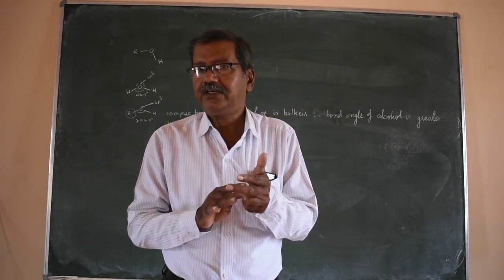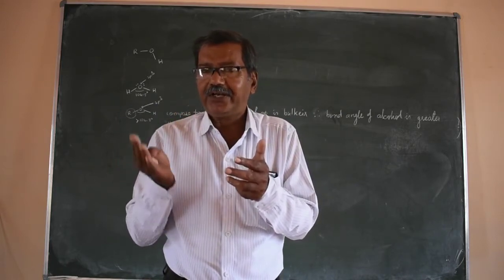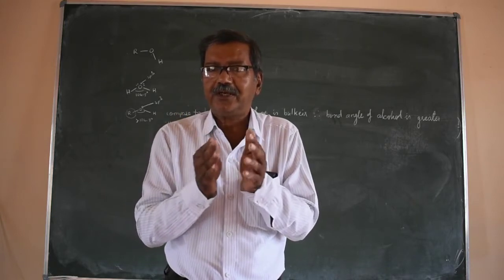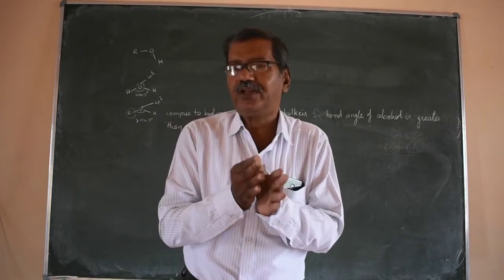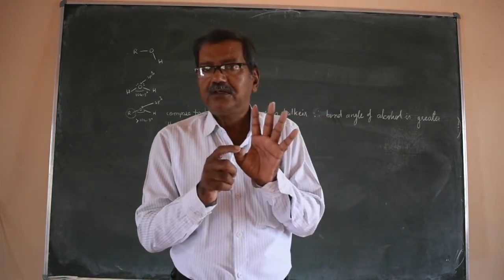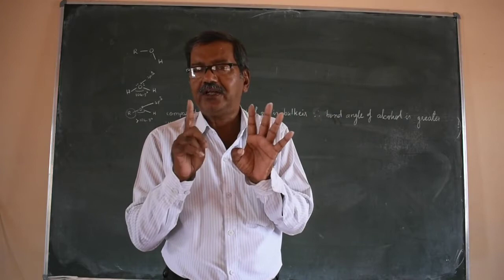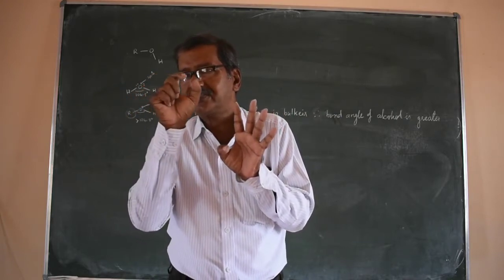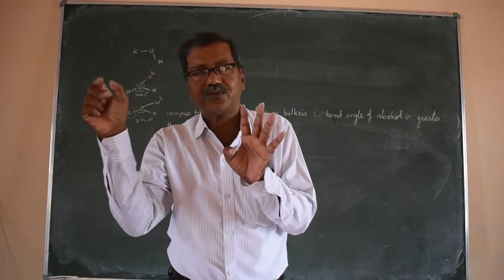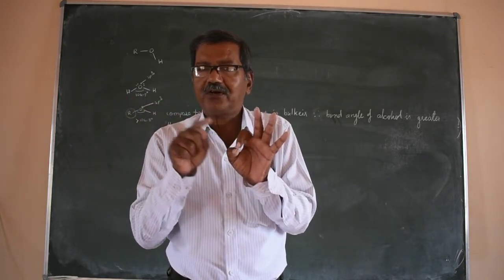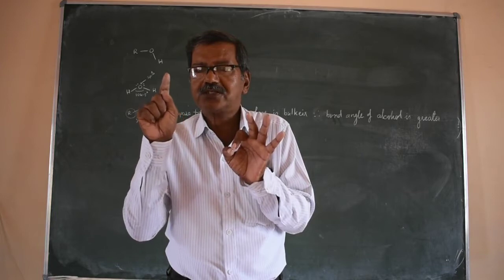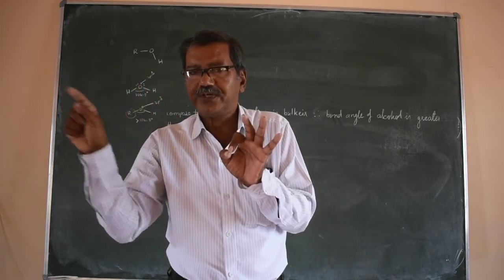Second point, the boiling point decreases with increase in branching. For example, in case of butyl alcohol, we have n-butyl alcohol or primary butyl alcohol, a long chain CH3CH2CH2CH2OH. Then isobutyl alcohol, (CH3)2CHCH2OH.